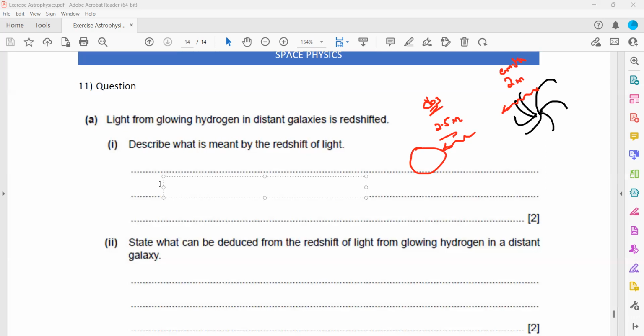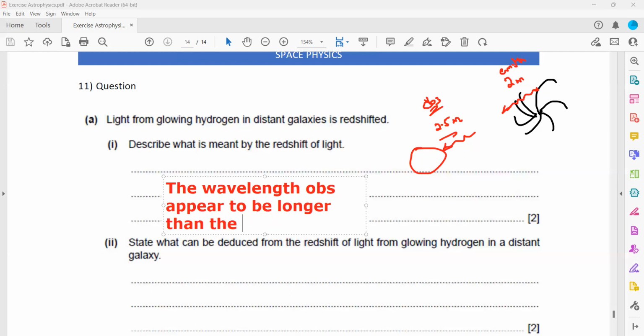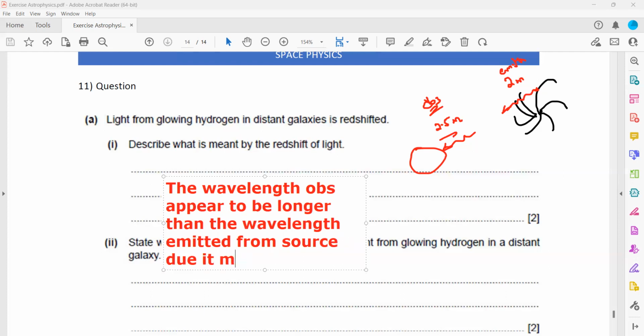So the wavelength observed appears to be longer than the wavelength emitted from the galaxy due to its motion.